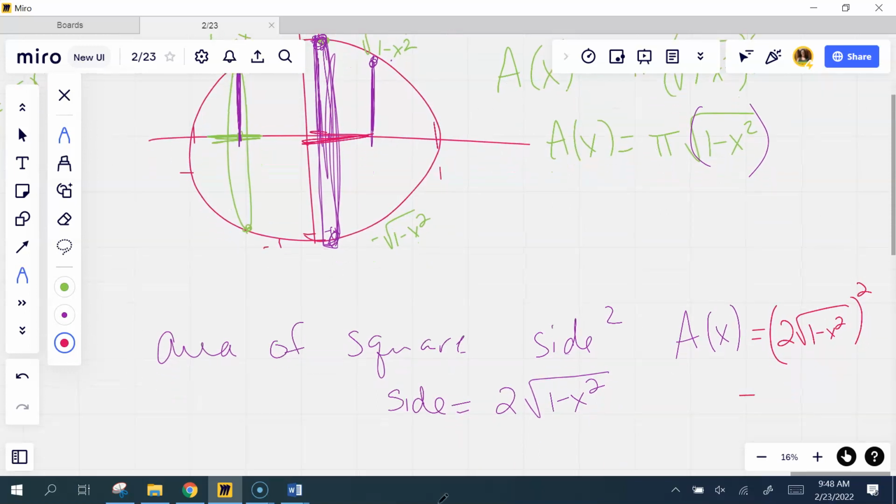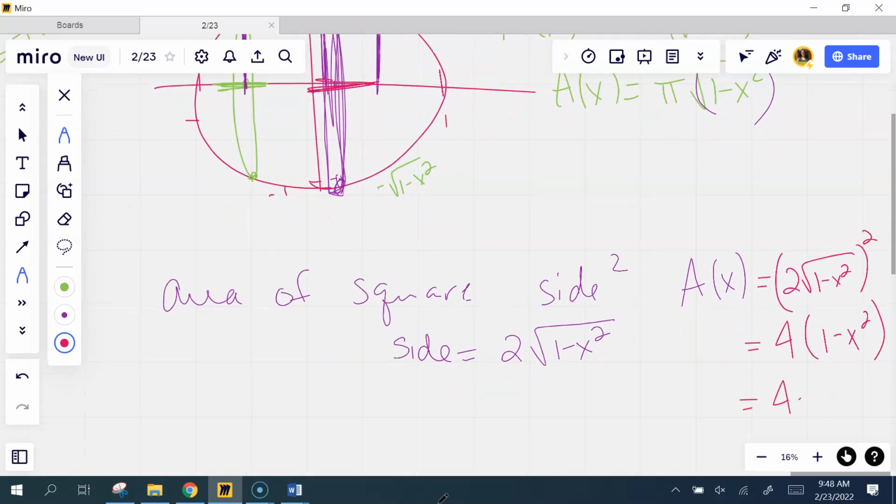So it'd be 4 times 1 minus x squared. Okay, 4 minus 4x squared. Either one, or distributed. You don't have to.